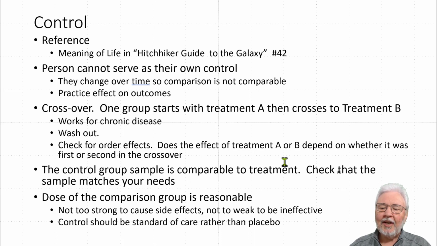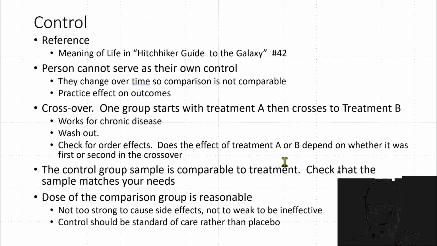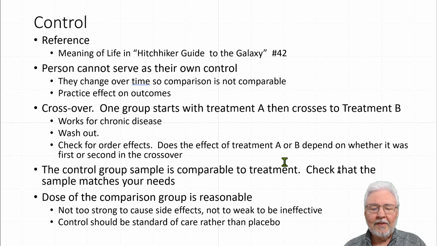You also want to check that the sample matches your needs. Now, this doesn't really have to do much with the quality, but it does have to do with whether or not this particular paper services your needs. The other thing you want to make sure is that when the authors make a control group, is the dose of the control treatment reasonable?